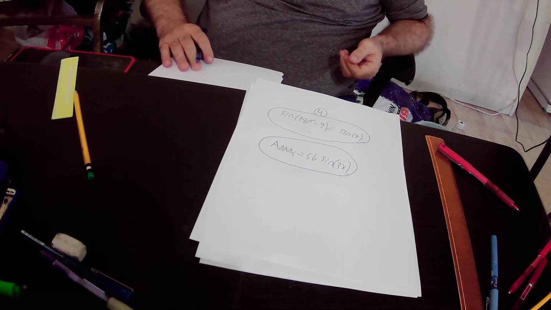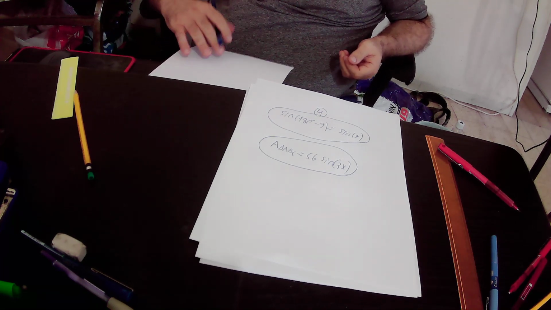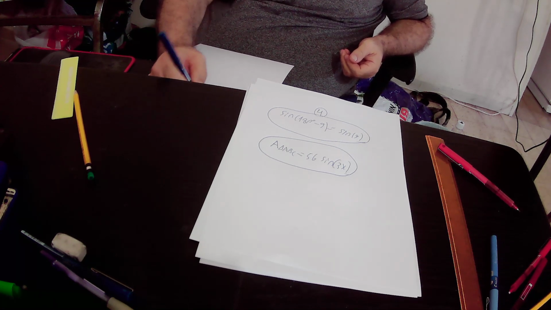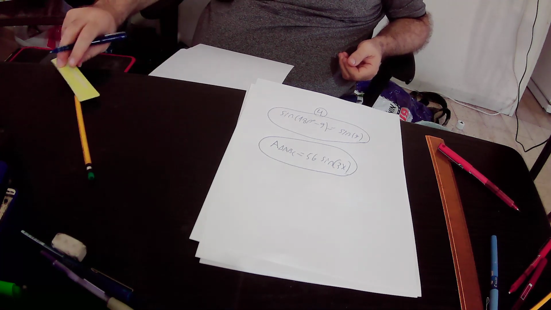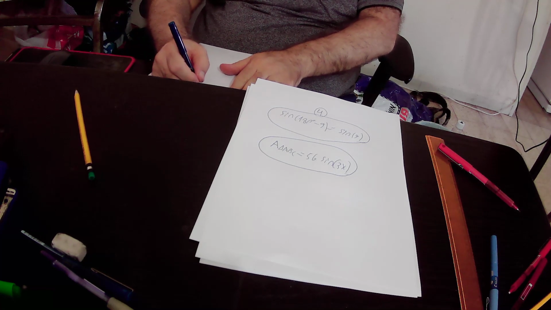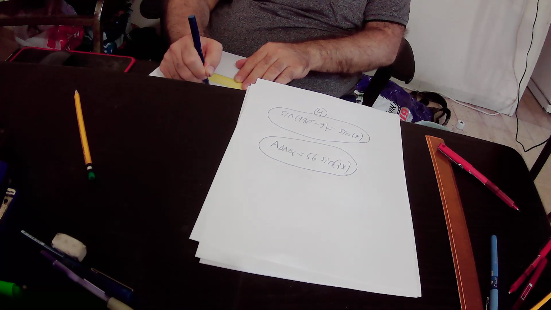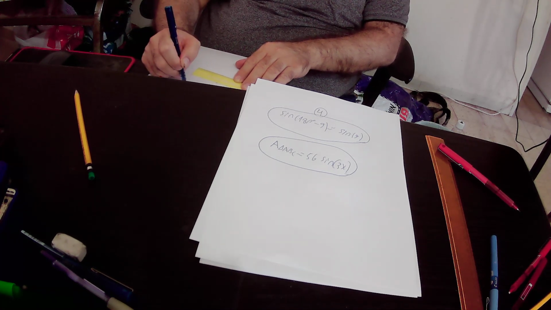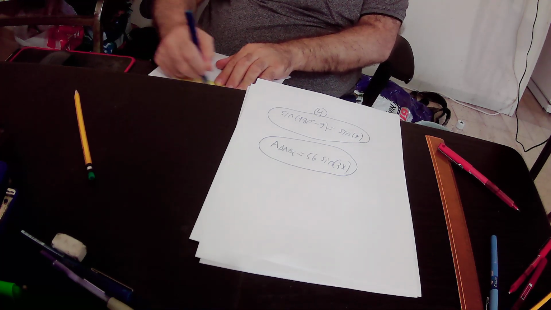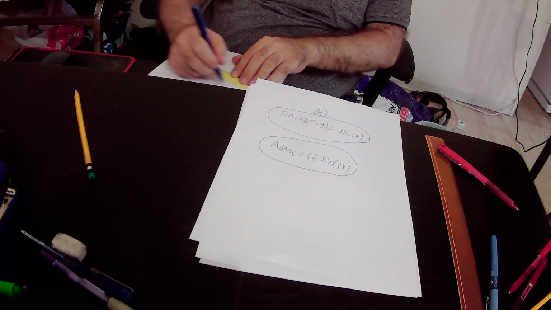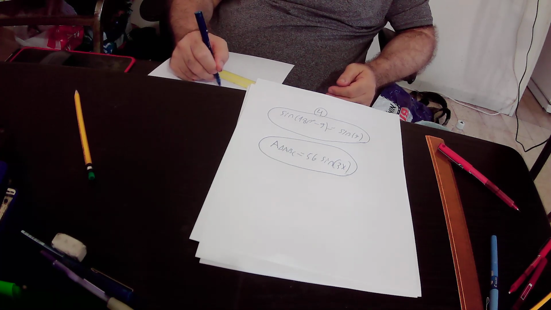Now I will present to you rule number 5. Rule number 5 is the law of sines. According to the law of sines, we can implement it in any triangle.